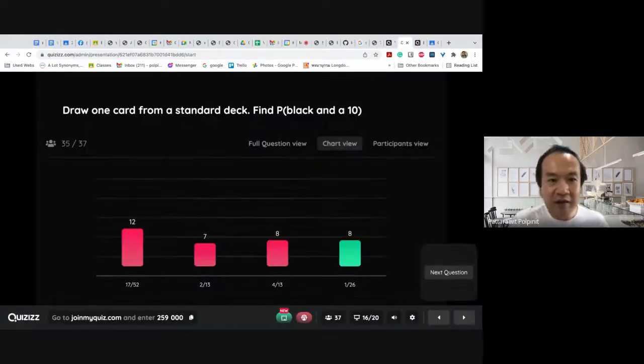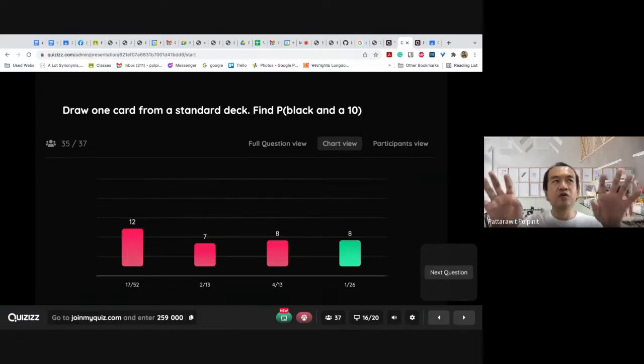Okay, this one: draw one card from a standard deck, find the probability of black and a 10. So again, how many cards are black and 10? Half of them are black, so that's 26. How many are 10? You have 4 cards of number 10. But there are 2 cards that are both 10 and black, so you count them twice.